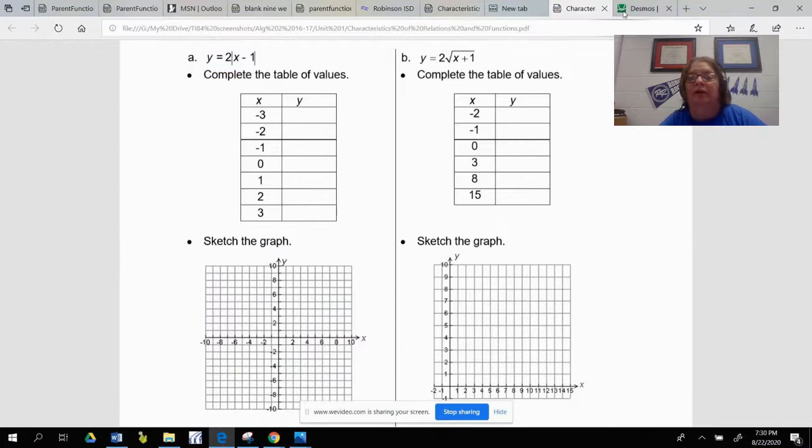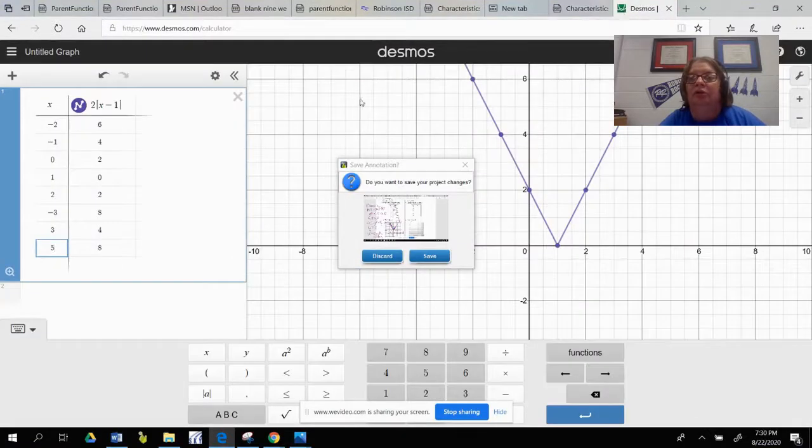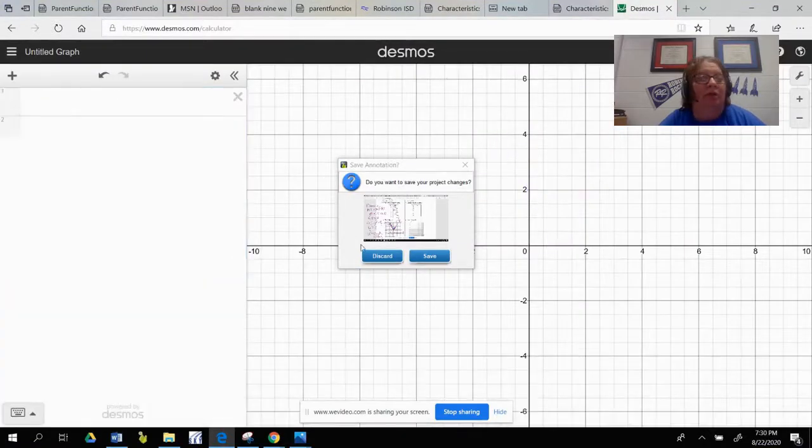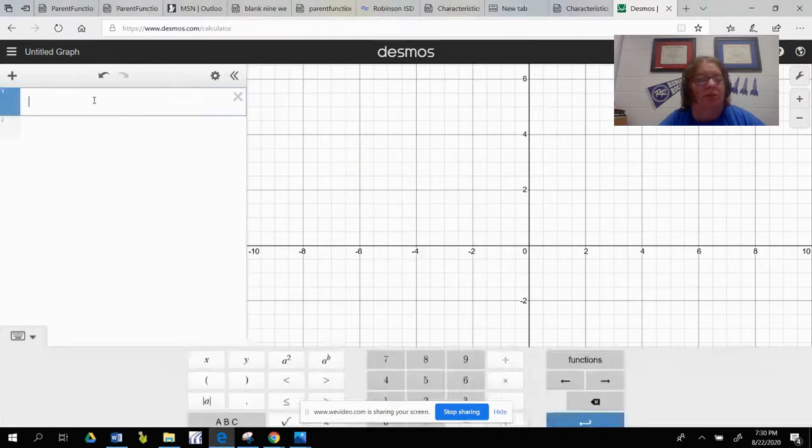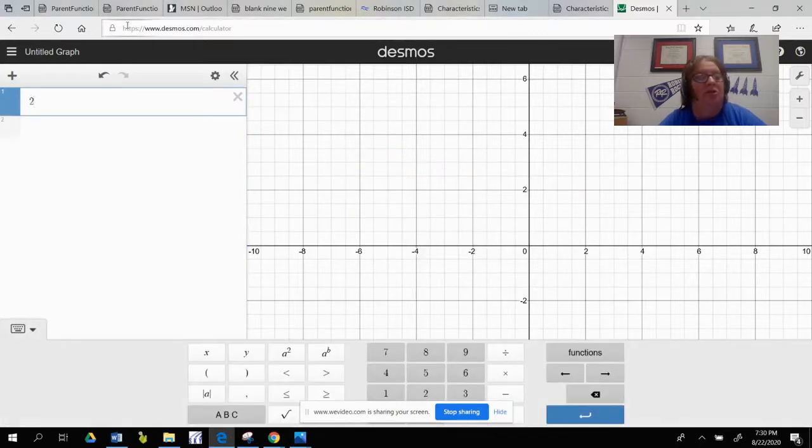I'm going to have to take all that writing off to change tabs. And we're going to close out this one. And this equation is 2 times the square root of x plus 1. Again, that's in that little keyboard that's down at the left.